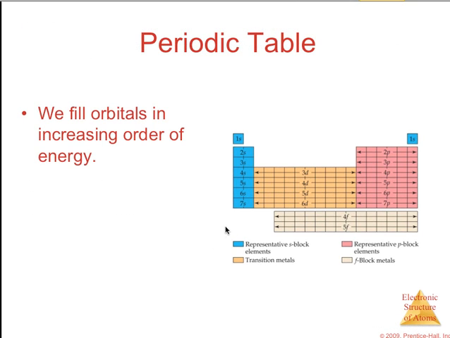Here's what I was talking about as far as determining electron configurations for any element. You can follow the patterns on the periodic table. The first 2 columns are known as the s block, and this is where your s sublevel is being filled up.